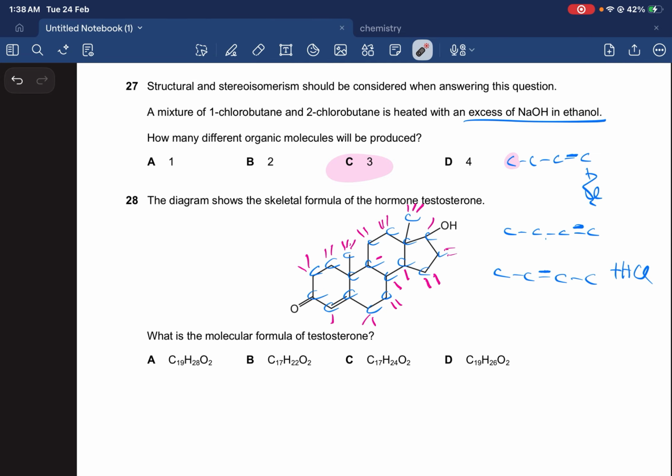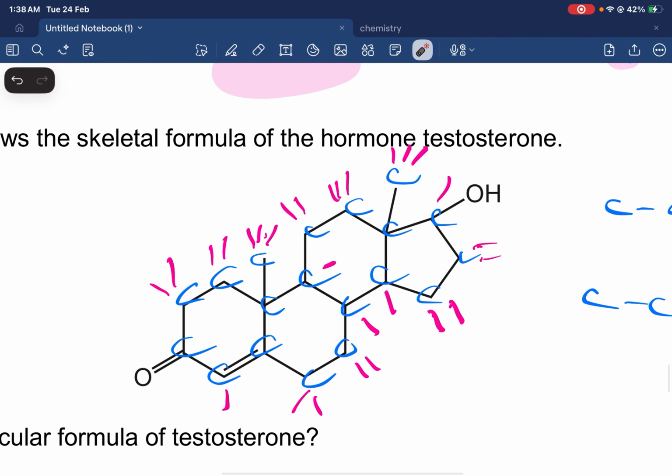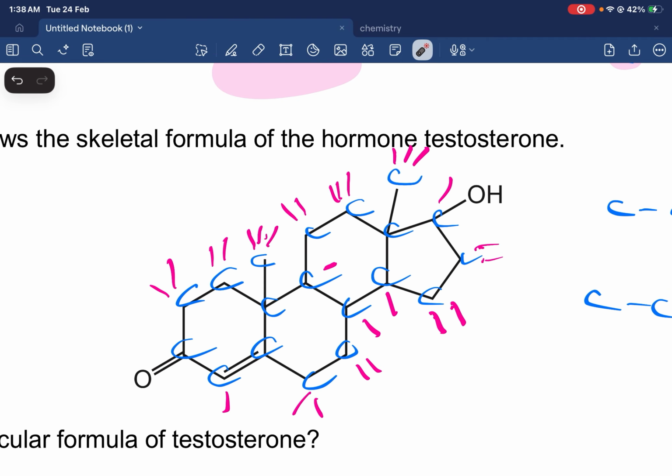There's no option that says 29. So we gotta calculate it again and again. Okay? So we are missing something. What are we missing? Counting again, up to 29.